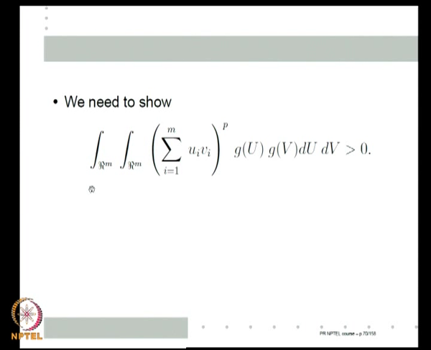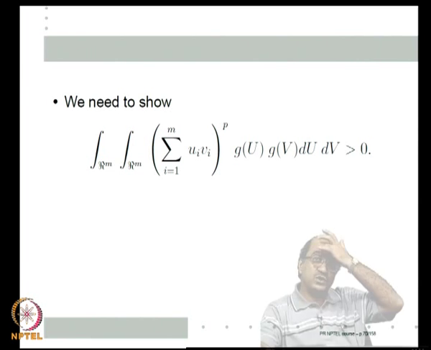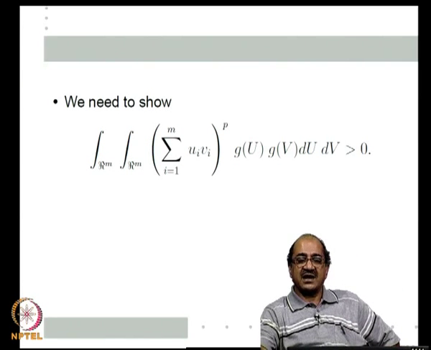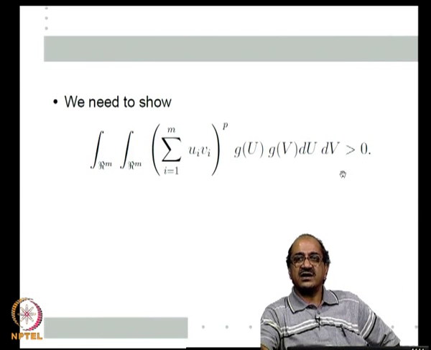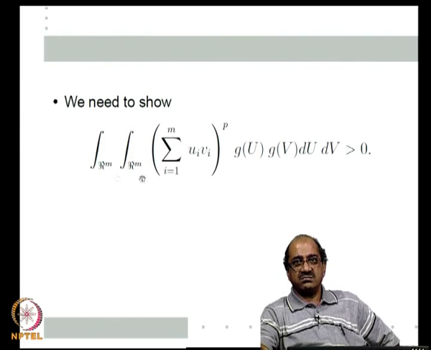Keeping that in mind, what is it we have to show? We have to show that the double integral of k(u, v) g(u) g(v) du dv is greater than or equal to 0. I am sorry, not greater than 0, greater than or equal to 0. I have written du and dv as two integrals just to make it clear to you. Both are integrals over R^m, and this is my k(u, v).